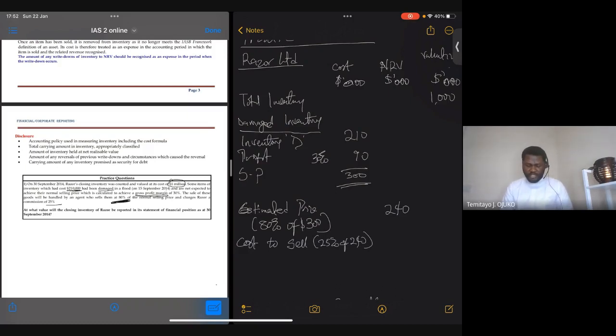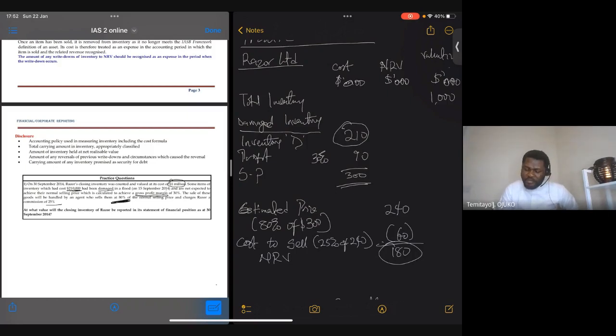25% times 240 gives us 60. Right? Remove it from it. 240 minus 60 will give us what? 180. Now, the value of this inventory should be between the cost, 210, and the net realizable value, 180. The lower of these two. Which is lower? 180.